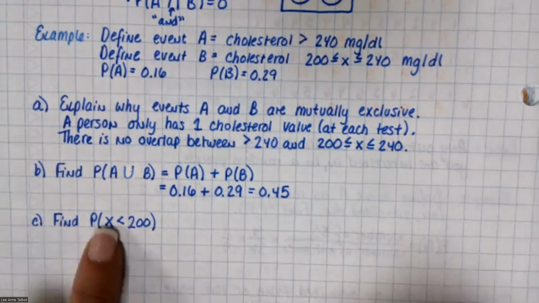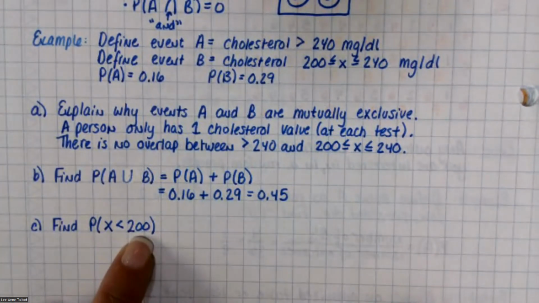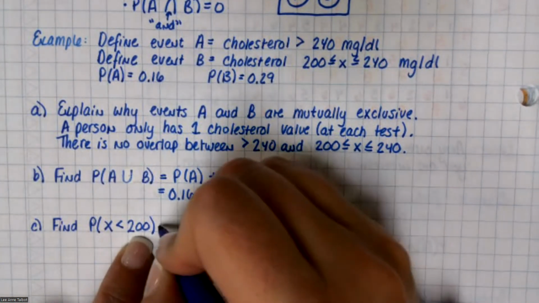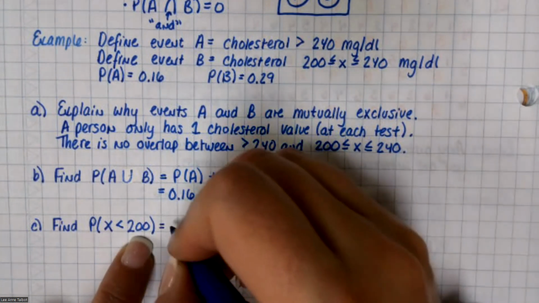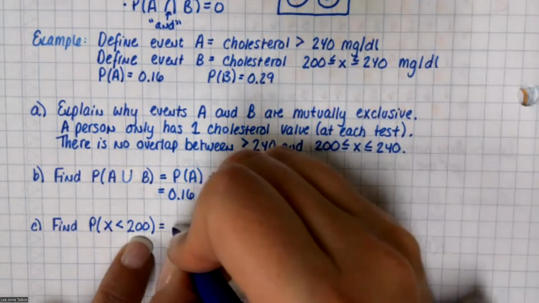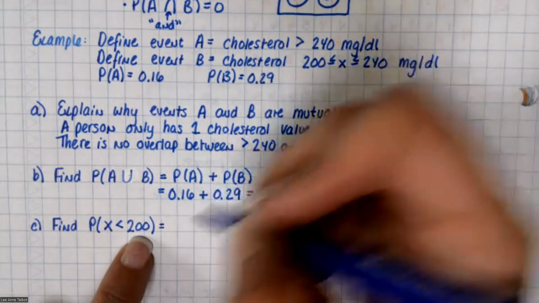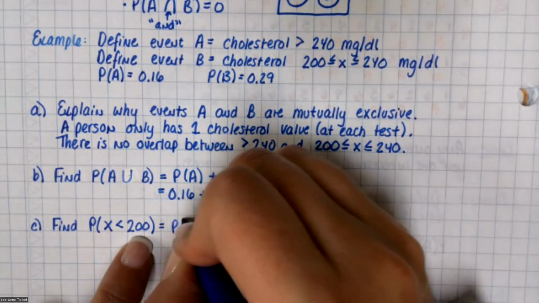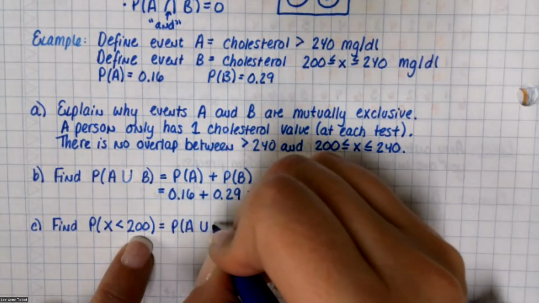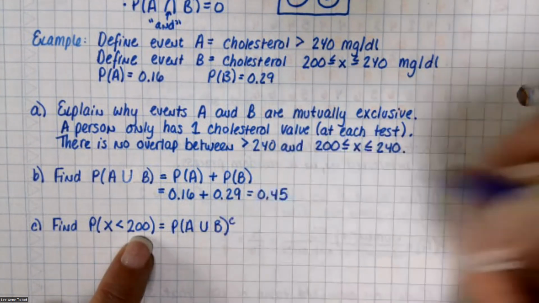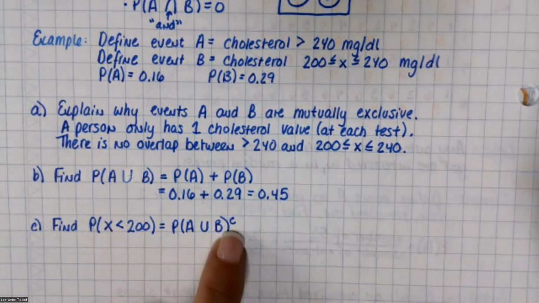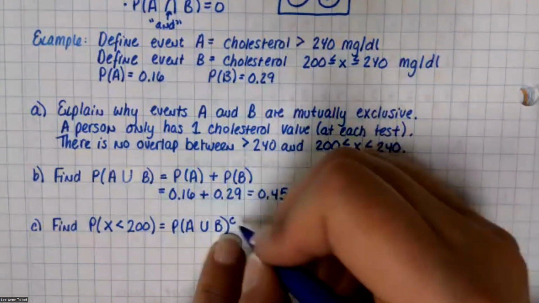So find the probability that our event is less than 200. So that's the probability of, this is going to be fancy, A or B complement. This part's not really required.